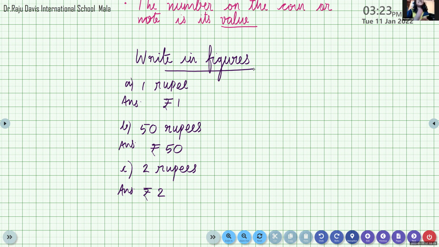What about rupee? Very simple. Rupee. Rupee is enough. The Indian currency is rupee. So R-U-P-E-E. Rupee. Ma'am, I have completed. You can close your notebook. It's enough for you today.